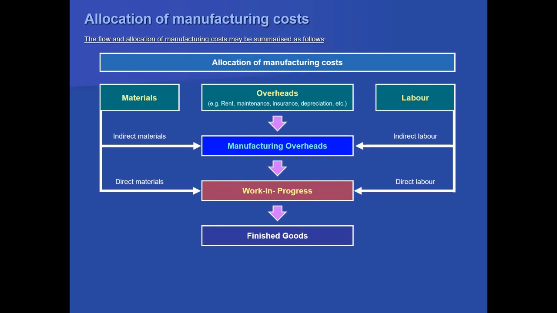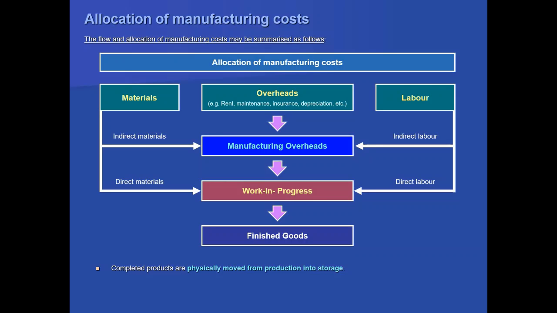So now if we visualize our work in progress account, on the debit side we have direct materials, direct labor and the manufacturing overheads. And then as the product is finished, we will credit that work in progress account and debit our asset account, finished goods.